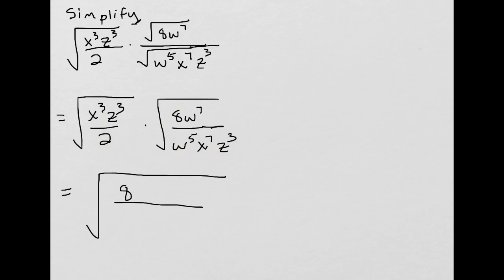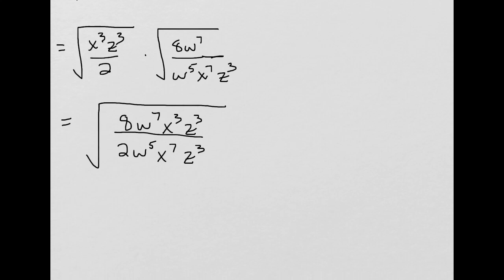So I'm going to have 8 w to the 7th, x to the 3rd, z to the 3rd. So when I say in order, I just mean alphabetical order. On the bottom, if I multiply my bottoms, I'll have 2 w to the 5th, x to the 7th, z to the 3rd.